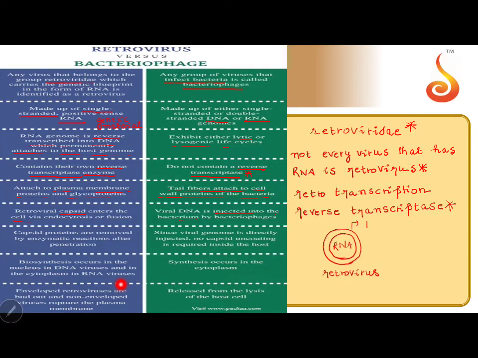This is envelope, this is capsid, this is genetic material. So the envelope merges with the host cell membrane, and the capsid along with RNA is injected inside.